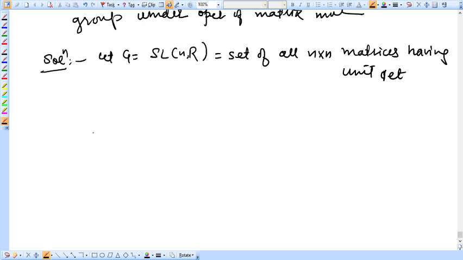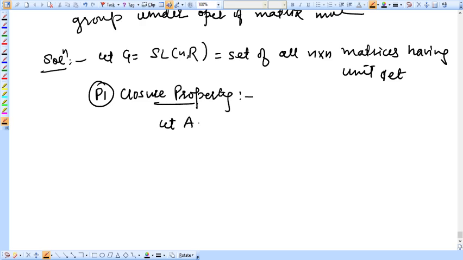So for this we have to prove all four properties. The first property is the closure property. For the closure property, we are going to take two elements A and B from G, or SLNR. Since these two elements are taken from SLNR, that means the determinant of A is equal to 1 and the determinant of B is equal to 1.